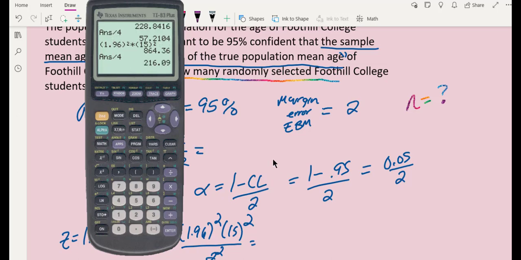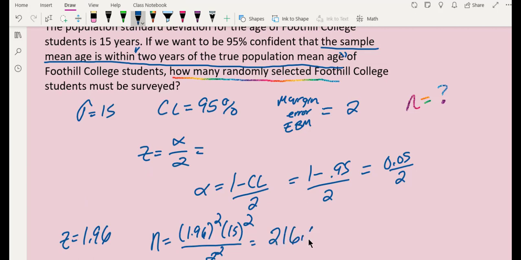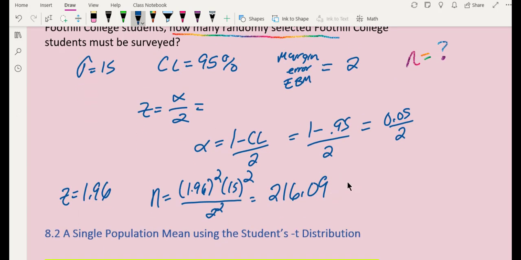We end up getting 216.09 as our N. Since it's 216.09, we round that up to 217. Therefore, 217 students should be surveyed in order to be 95% confident that we are within 2 years of the true mean age population.